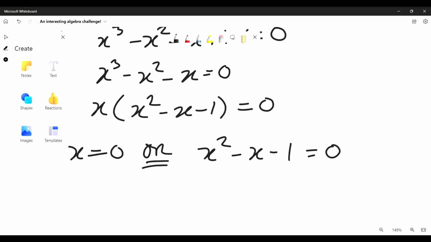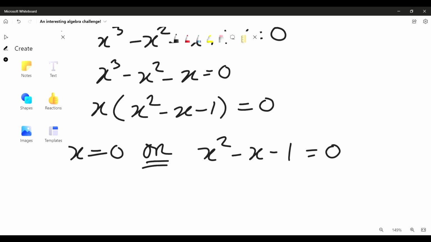If we look at the discriminant here, b squared minus 4ac, that will be (minus 1) squared, which is 1, minus 4 times 1 times minus 1, so 1 plus 4 is 5. The root of 5 is positive, so we know it's a real solution.